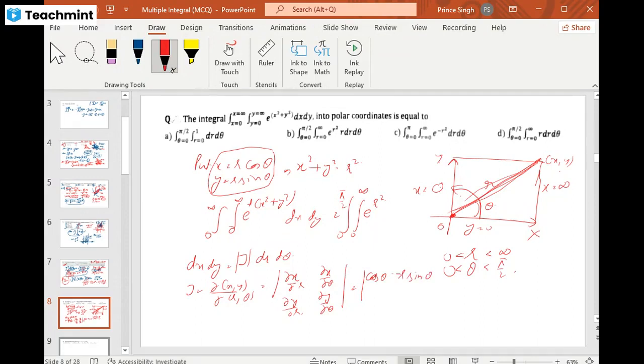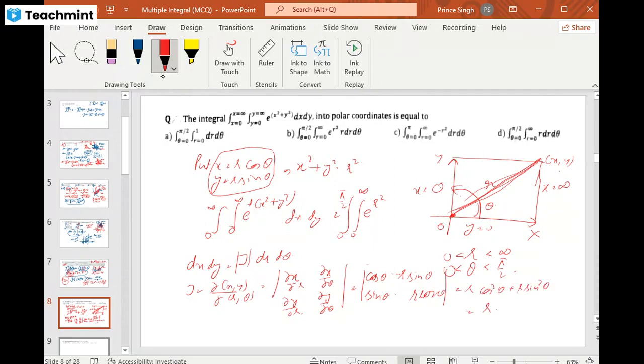The derivative of y with respect to r is sin theta, and the derivative of y with respect to theta is r cos theta. So if we solve this, it is r times cos square theta plus r times sin square theta. So its value comes out to be r.